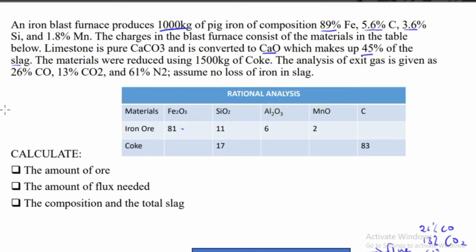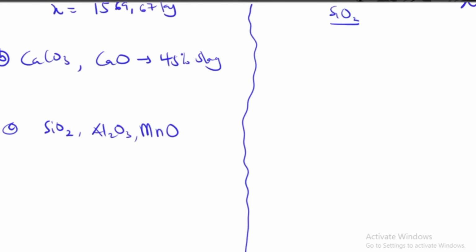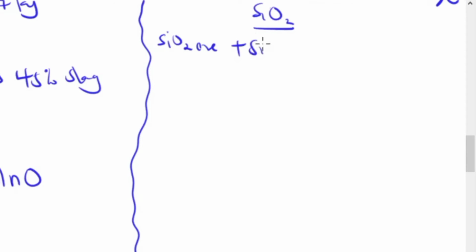We also have silicate in the slag. So to balance it, we have SiO2 in the ore plus silicate in the coke on one side, and on the other side we have silicate in the slag. That's what you are looking for.